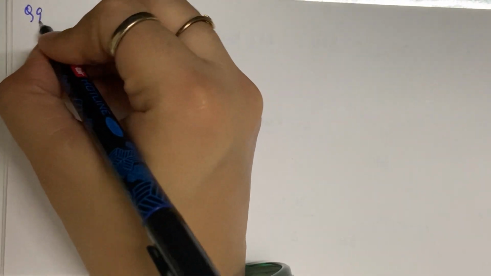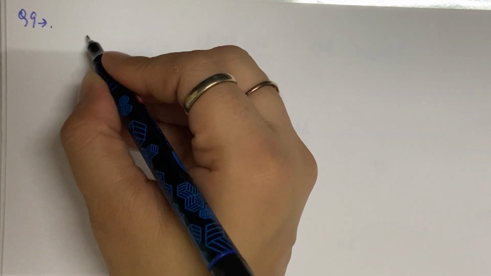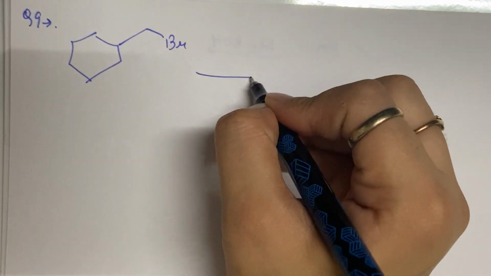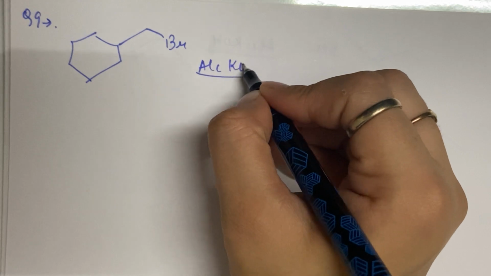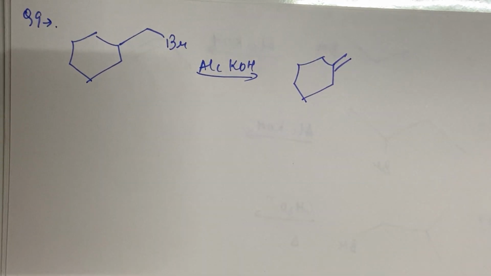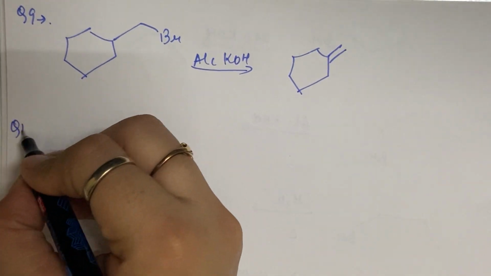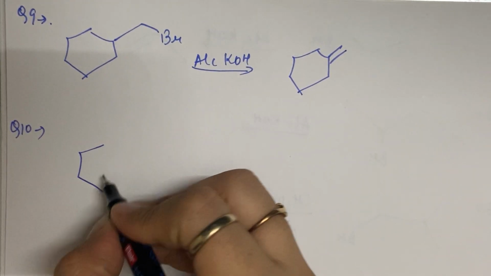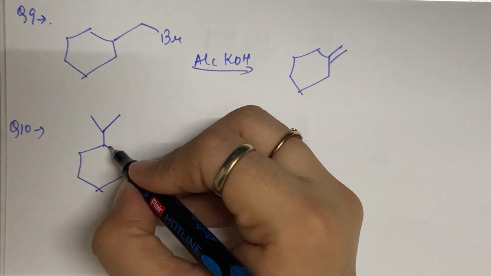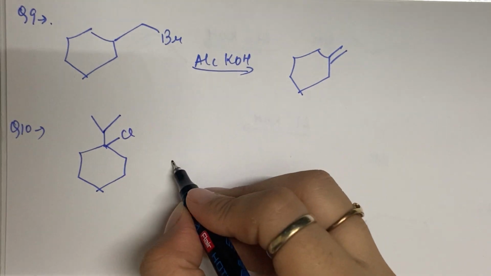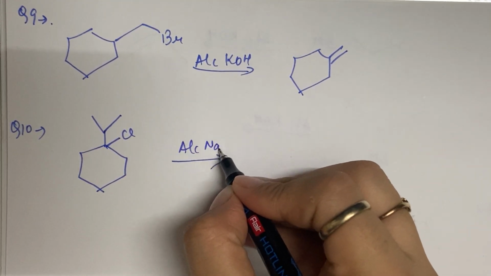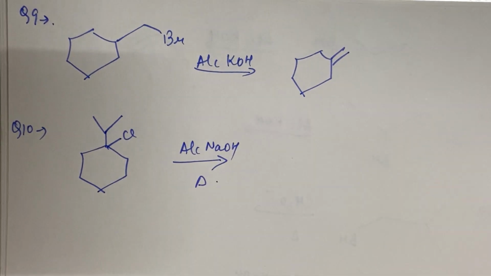After that, question number 9. Br, alcoholic KOH, then Cl is here, and you have taken alcoholic NaOH. You're heating it.